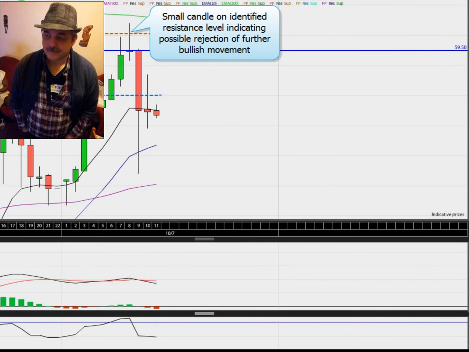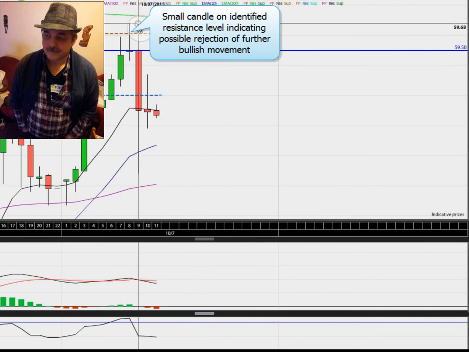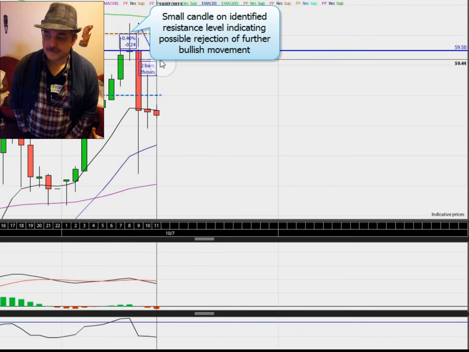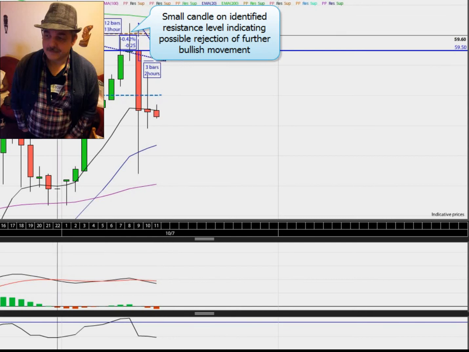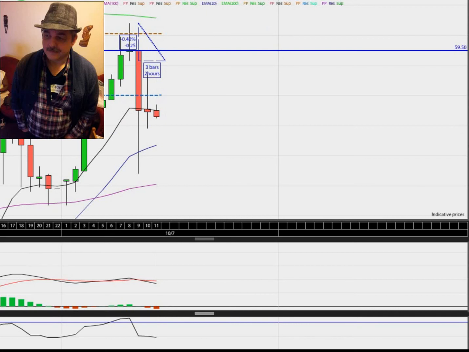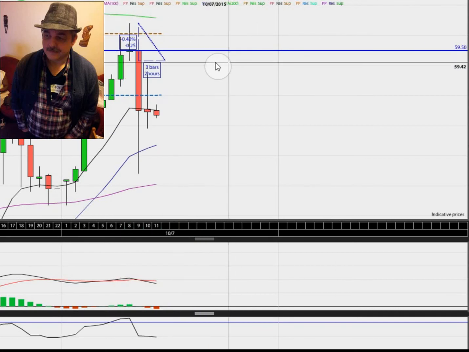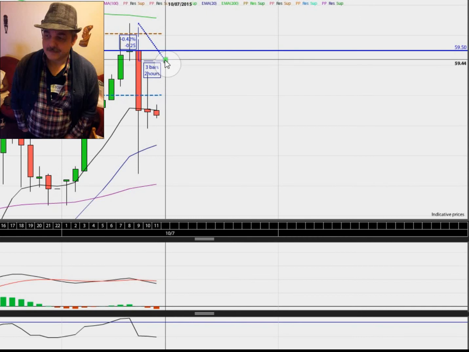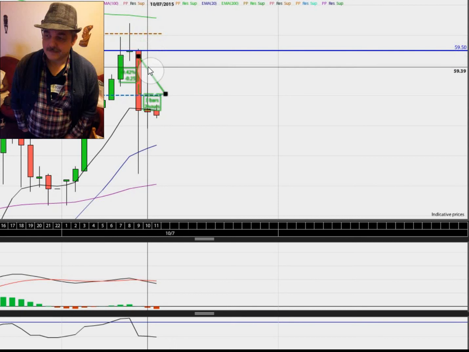Now you can clearly see a shooting star type candle at the point of resistance there. Now this is a counter trend trade, but you can clearly see that there's been a technical reaction there. And if you were to take that candle there, sorry for that.